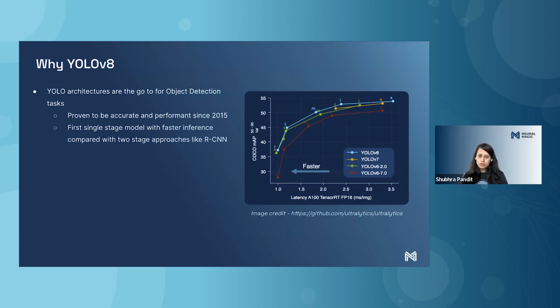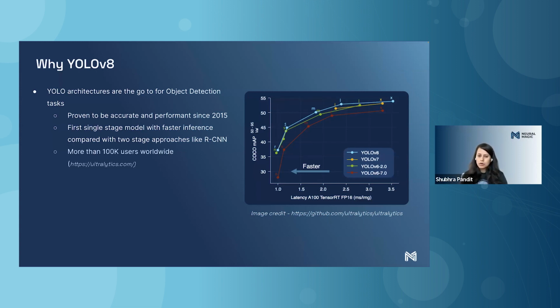These YOLO models were the first single-stage architecture models that got rid of region-based and sliding window techniques that were employed by some other object detection architectures like RCNN and its variations. But the YOLO models were still able to give better inference compared to these two-stage architectures, because with YOLO, you only look once to detect objects and their locations in an image.